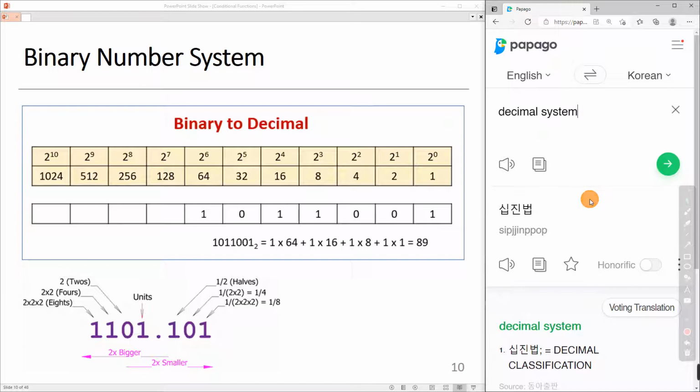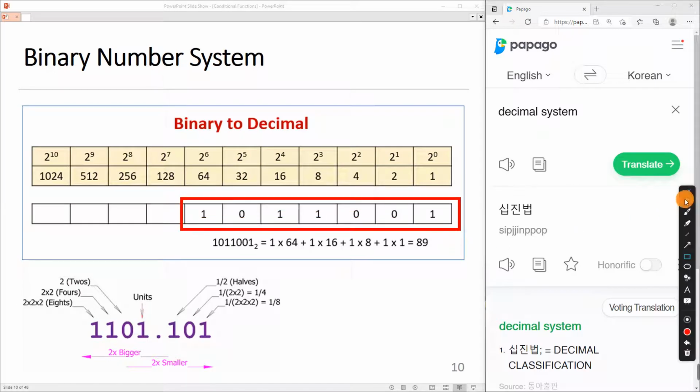In a binary system, we have only 2 digits, 0 and 1. Suppose that the following number is written as shown here. This is the given number in a binary system: 1, 0, 1, 1, 0, 0, 1. How to convert it to a decimal system?